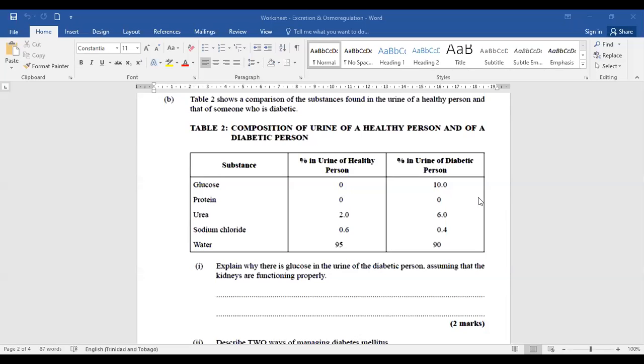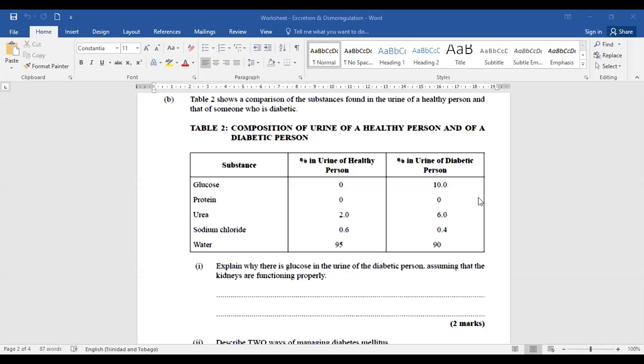So if you already have an excess of glucose in the blood, at the point of reabsorption in the nephrons, in the kidneys, right? If you already have this glucose present in your blood, would you have reabsorption taking place? Yeah, some of it would be passed out in the urine, right?